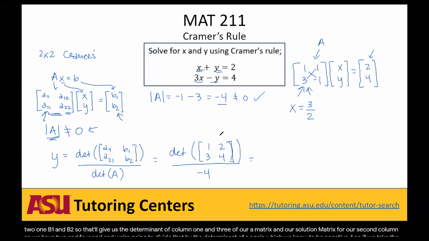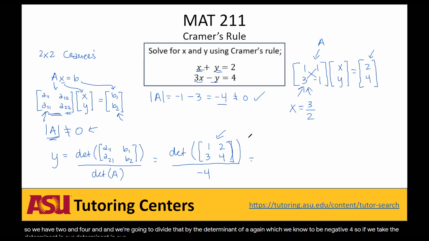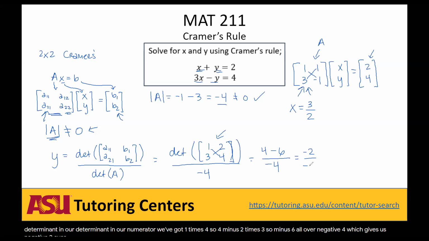So if we take the determinant in our numerator, we've got 1 times 4, so 4, minus 2 times 3, so -6, all over -4, which gives us -2 over -4, which equals 1/2. So we have that y equals 1/2. And that is our solution.